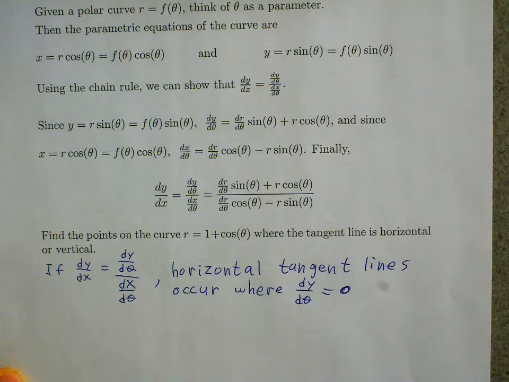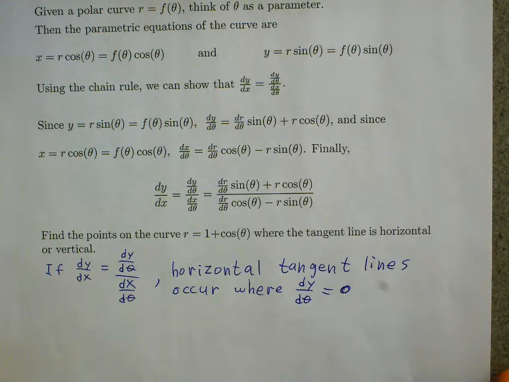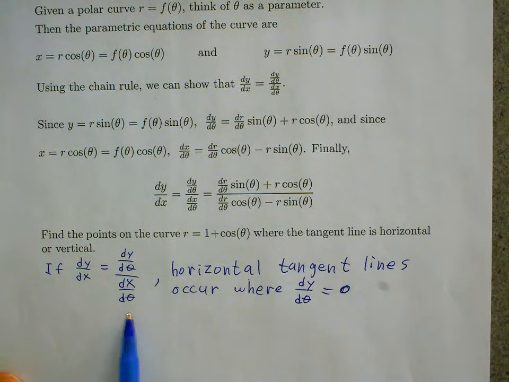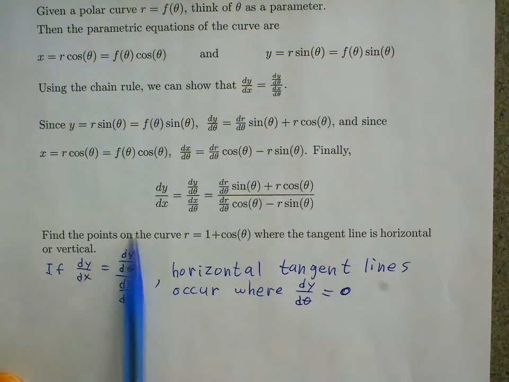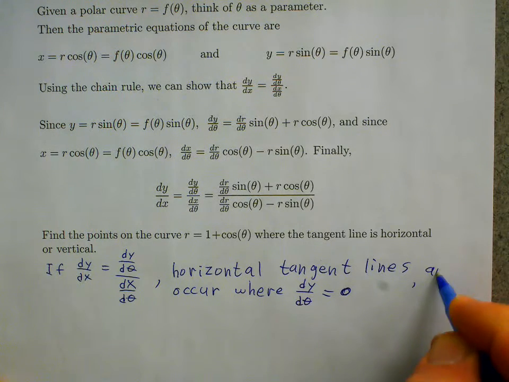How do you know that when you have a vertical tangent line? Yeah, when the denominator is 0, remember the slope of a vertical line is undefined. And so our derivative is undefined when the denominator is 0. So I'll throw that in.